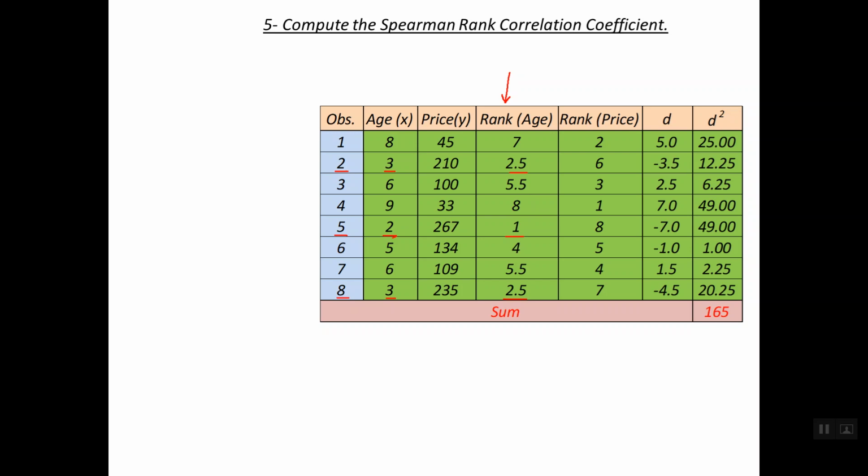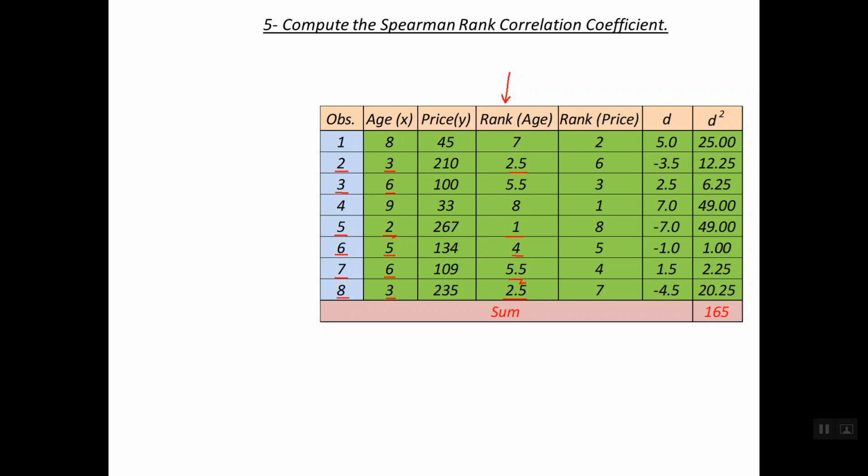Now we have car number 6 with an age of 5 years. We finished at rank 3, so it will take rank 4. Then we have 2 cars with ages of 6 years, car number 3 and car number 7. Both will take the same rank, which will be 5 plus 6 divided by 2, the average of rank 5 and rank 6.